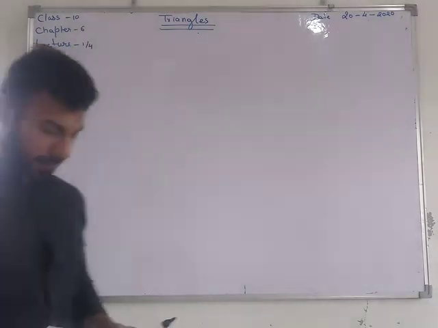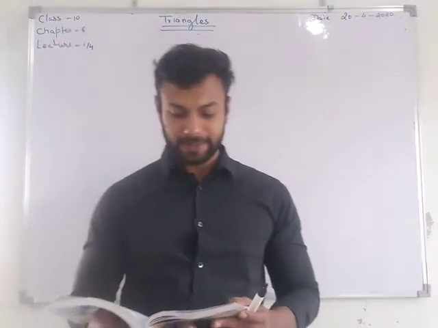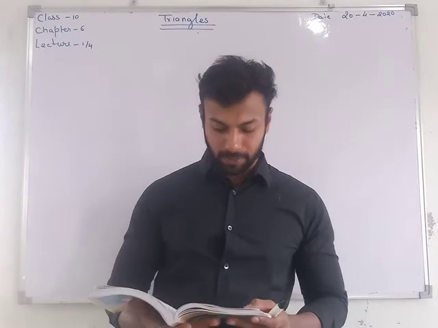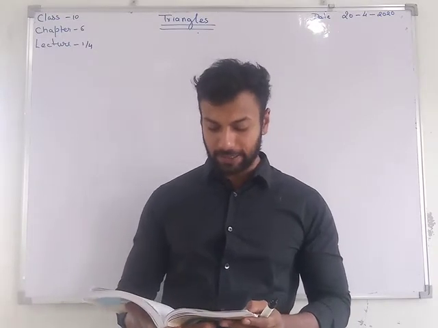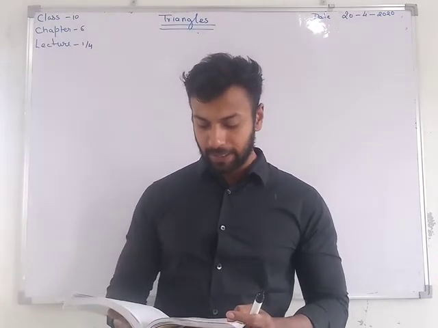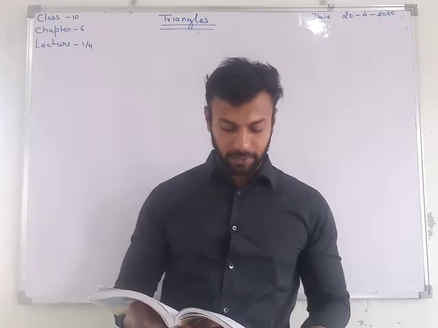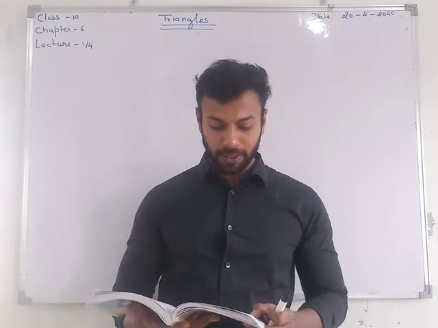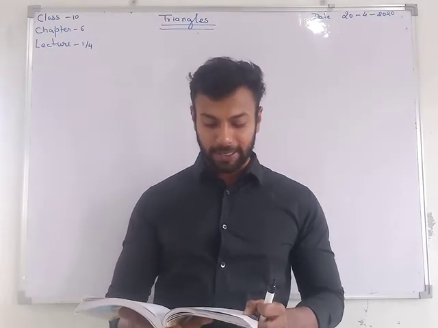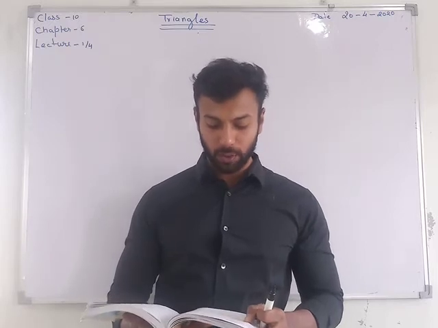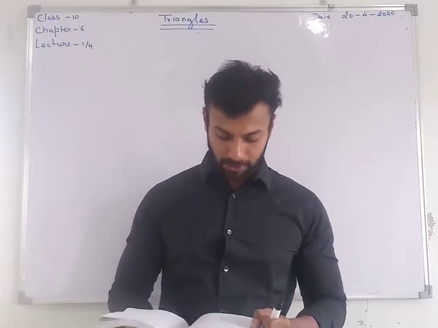The example says that if a line intersects sides AB and AC of triangle ABC at D and E respectively and is parallel to BC, prove that AD by AB is equal to AE by AC.